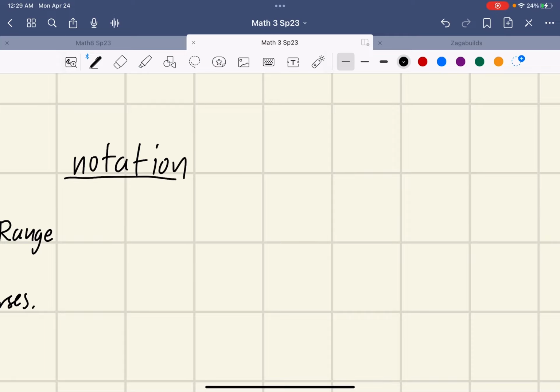This is what a logarithm looks like. It has y equals log base b of x. Now, this is the first time where you have everything we've looked at up to this point.